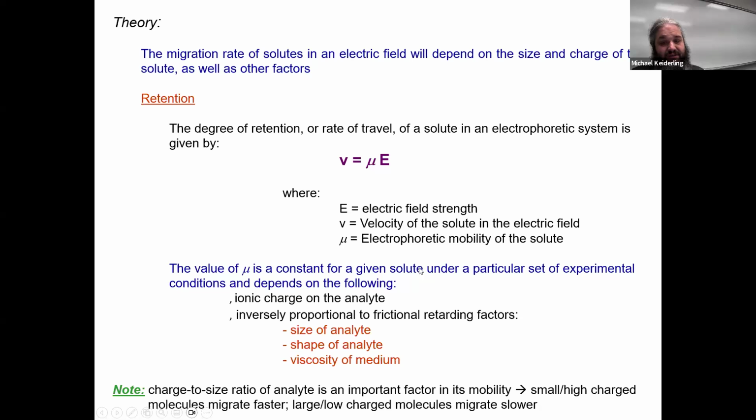It's a constant for a given solute under a particular set of experimental conditions, depends on the ionic charge of the analyte, and is inversely proportional to things like the size of the analyte, the shape of the analyte, and the viscosity of the medium. These are the things that slow things down. So the charge to size ratio of an analyte is an important factor in its mobility. Small or highly charged molecules move faster, large or low charged molecules move slower.